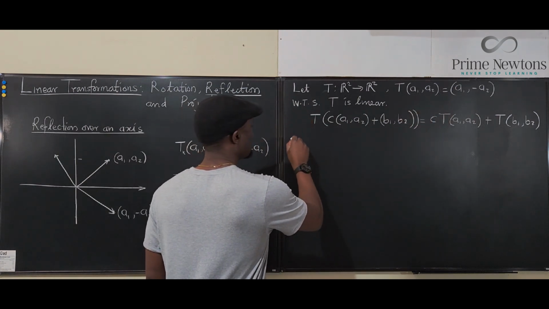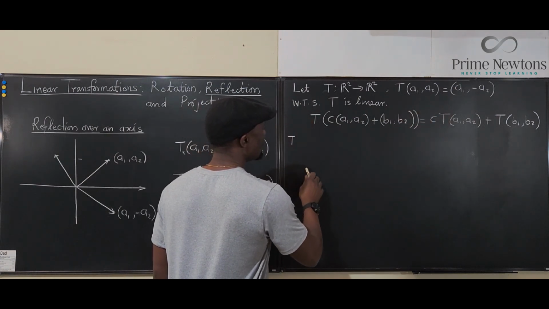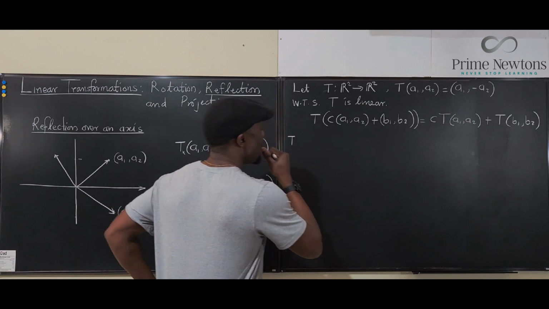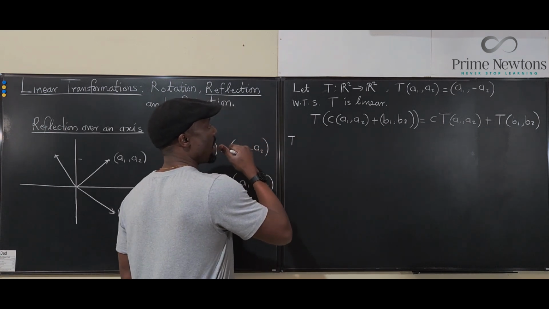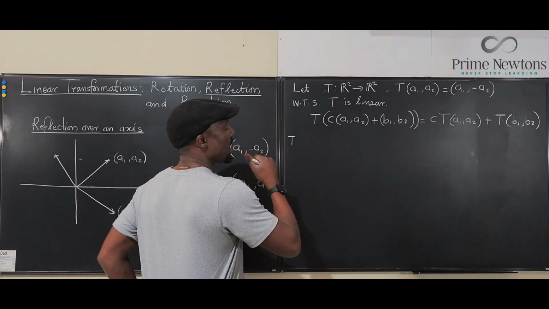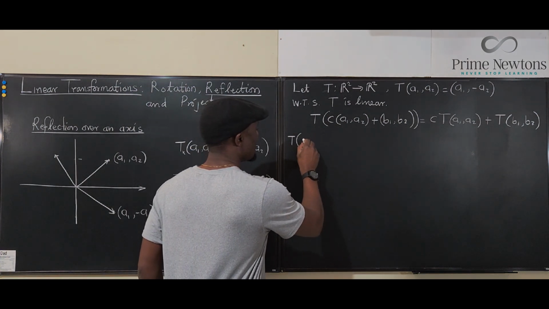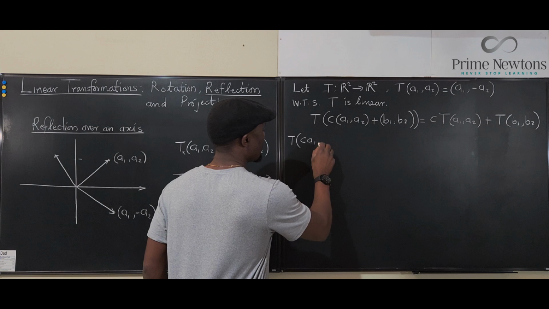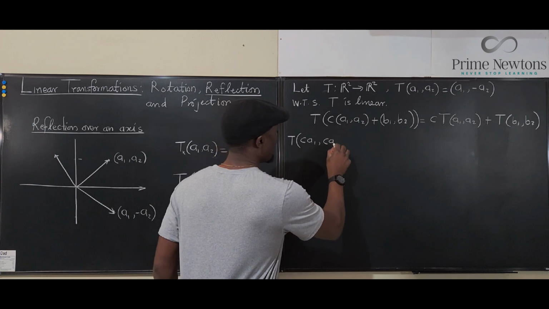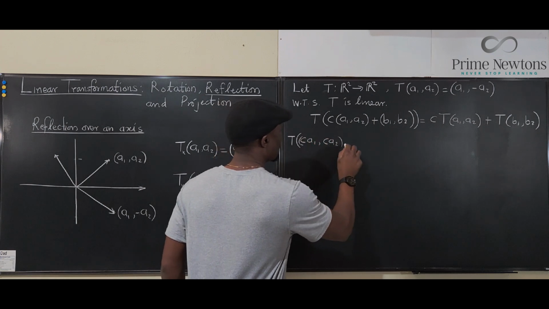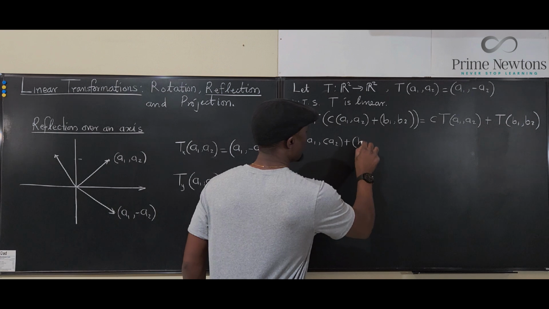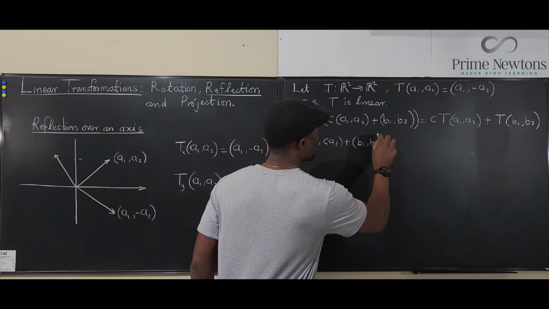Well, we're going to have T of, you know what? I'm going to multiply this out. So it's going to be T of (CA1, comma, CA2) plus (B1, B2). Okay.